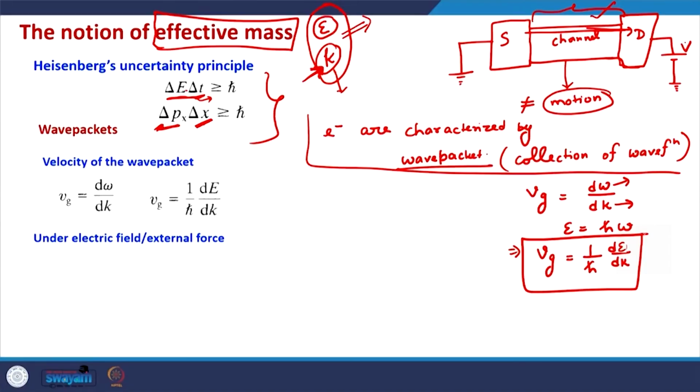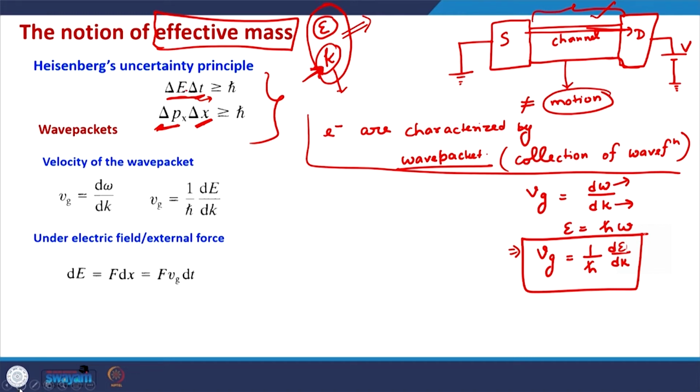And now we will try to see, if we apply a voltage or electric field on the device, which will exert an electric force on the electron, how this wave packet will move. So, that is what we will try to see here.